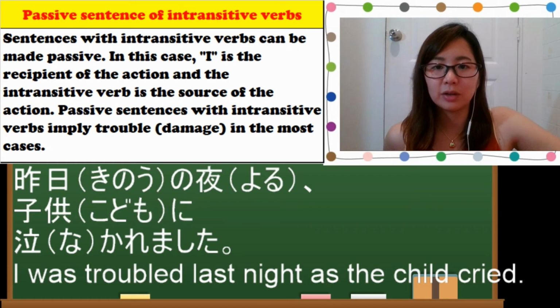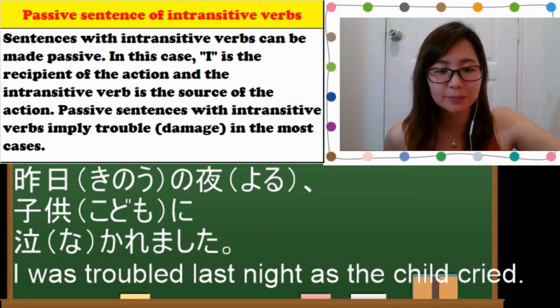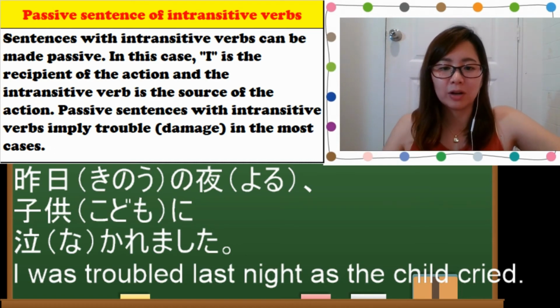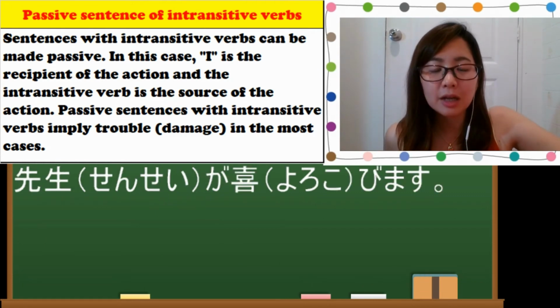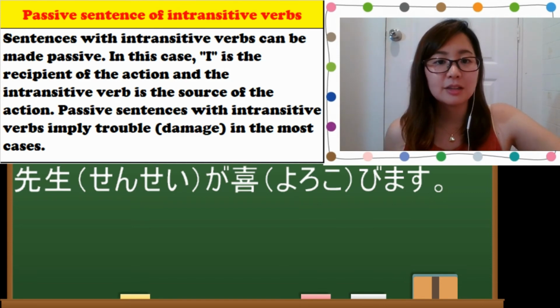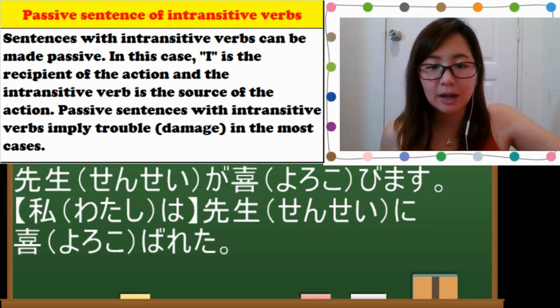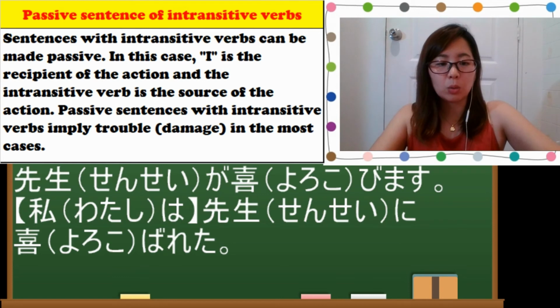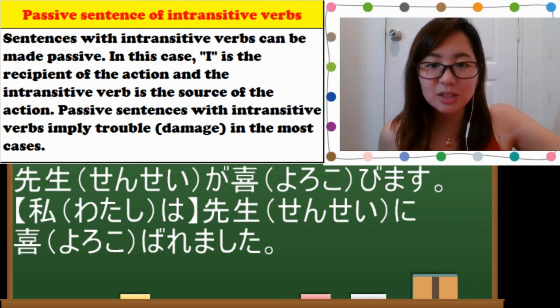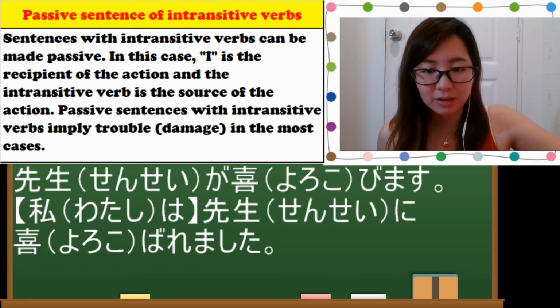However, it does not apply for some cases, because if we say 先生が喜びます, the teacher becomes happy. If I say 私は先生に喜ばれました, this one doesn't have a meaning of getting into trouble or getting damaged from something.